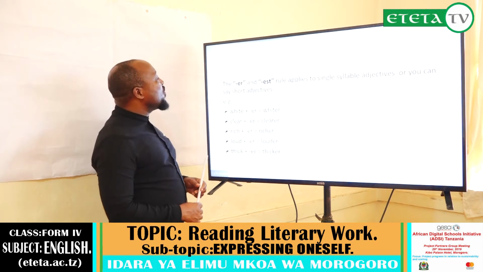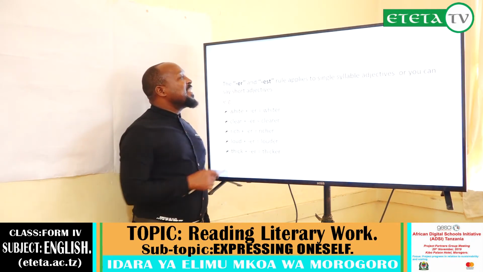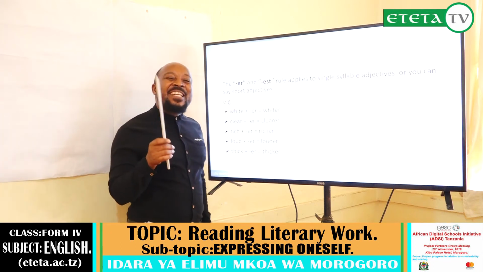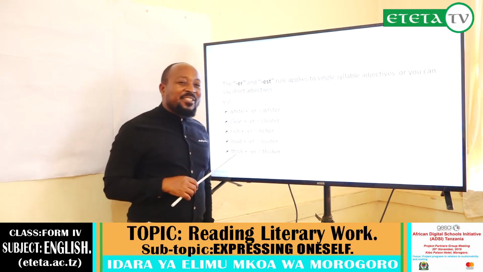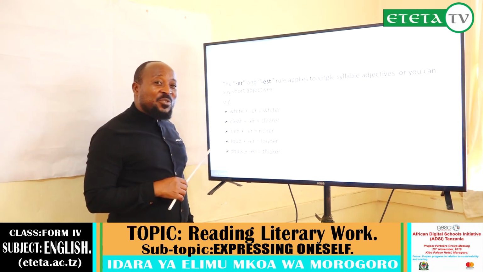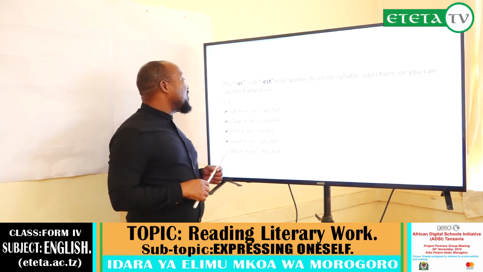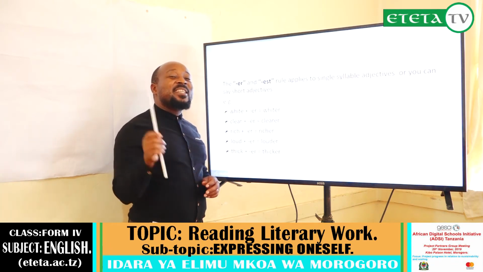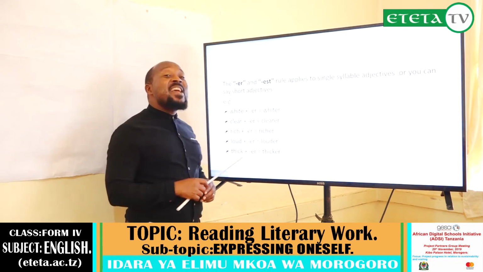Now you have seen in this table how these things change. But something you should learn is that the ER and the EST rule applies to single syllable adjectives, or you can say short adjectives. Hope you understand this one. Short adjectives. Single syllable adjectives. You have the word like white. White, that's a single syllable. Then just add R, and that is whiter. And you have the word like clear.